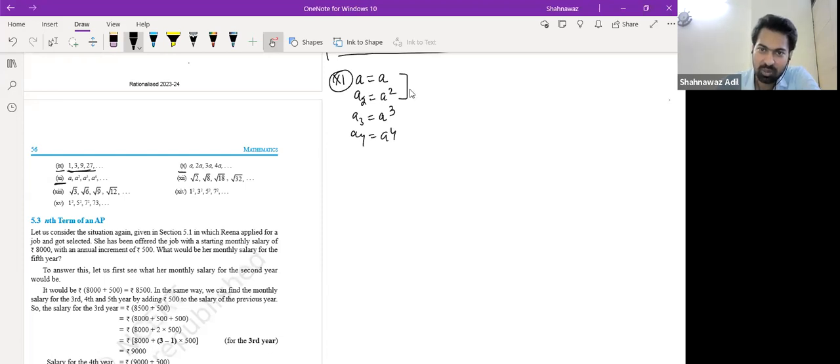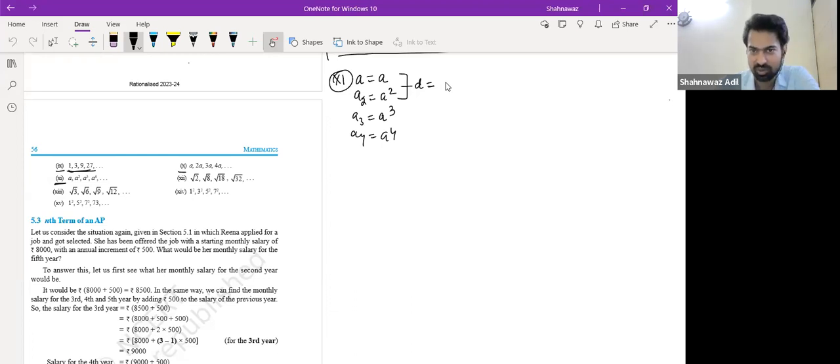So what is the common difference between these two terms, A2 and A?